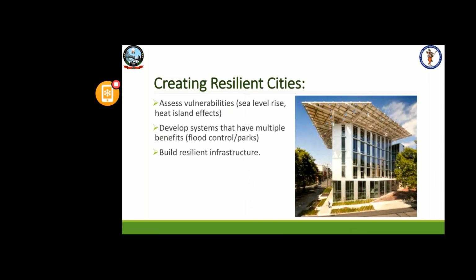Creating resilient cities which can assess vulnerabilities like sea level rise and heat island effects, develop systems that have multiple benefits like flood control, and build resilient infrastructure.